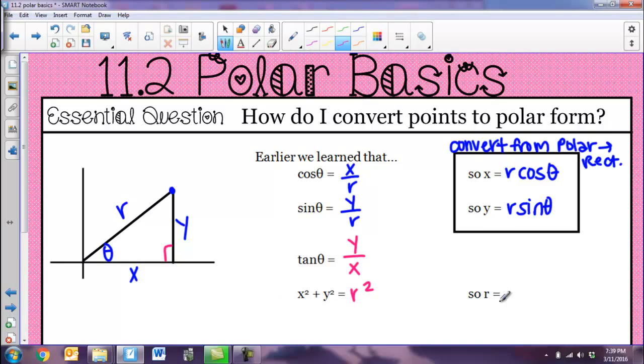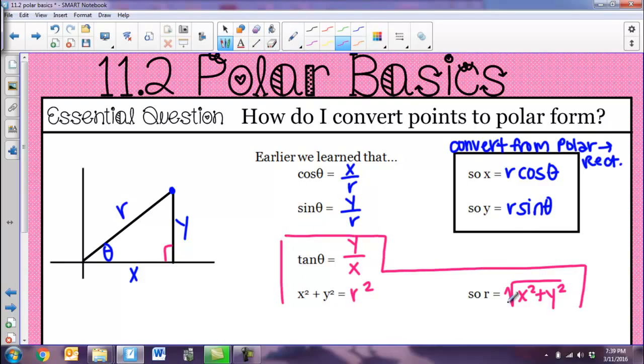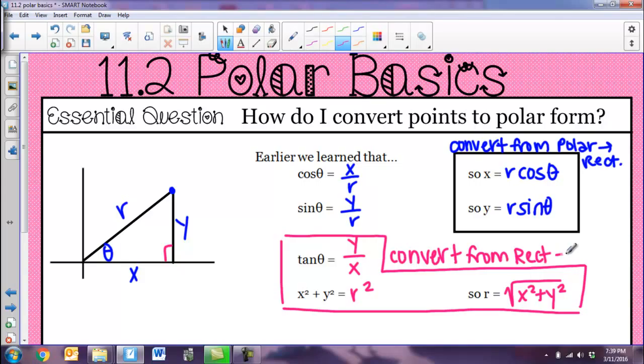So if I wanted to solve this for r, I could square root both sides and know that the square root of x squared plus y squared is going to be r, which is very similar to the magnitude of a vector. Okay, so again, we're going to take these formulas, and this is going to be how we convert from rectangular to polar. So if you're given an xy, how to make it into an r theta.